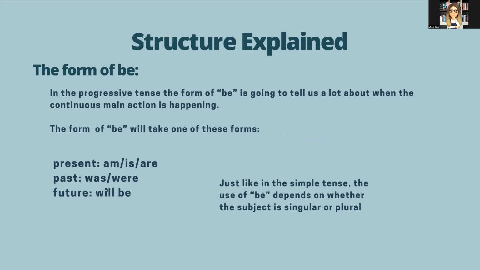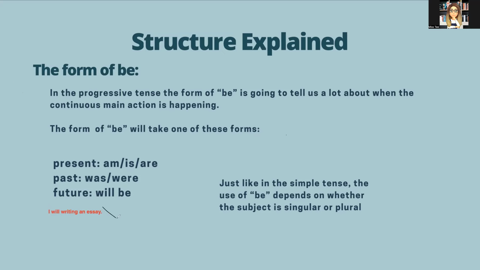Future, again, is one of the most simple ones because no matter if it's singular or plural or whatever, it never changes. But the thing that you must remember is to include will and be. So a lot of times I see this: I will writing an essay. This is one of the most common things I've seen as an English teacher throughout the years.